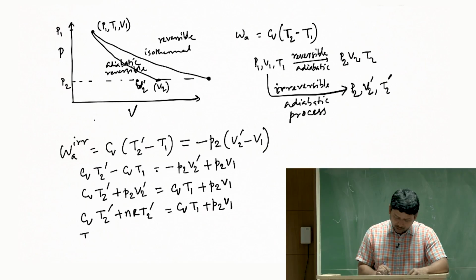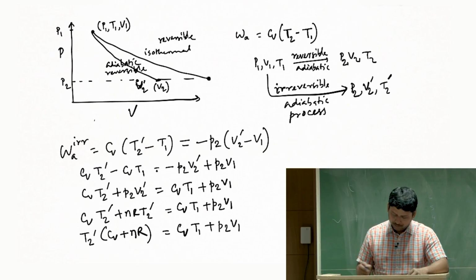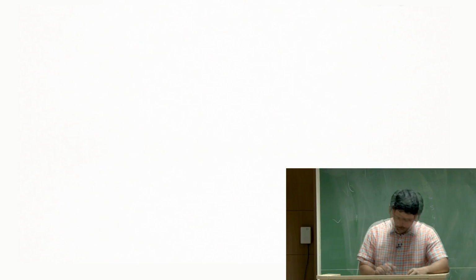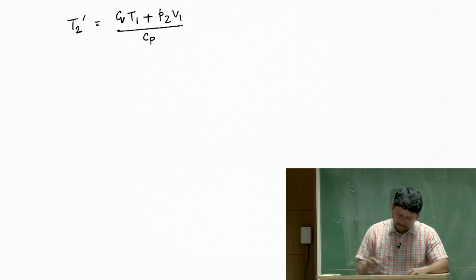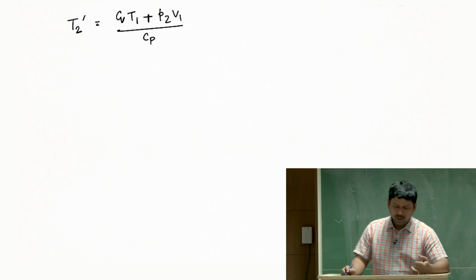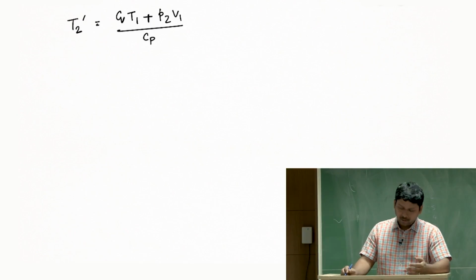So, we can take T2 prime common and write (Cv plus nR) T2 prime is equal to Cv T1 plus P2 V1. Now, we know that Cv plus nR is Cp. So, T2 prime is (Cv T1 plus P2 V1) by Cp. So, we got our final temperature T2 prime for an irreversible adiabatic process.